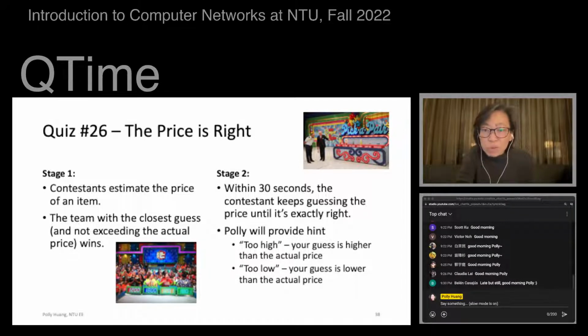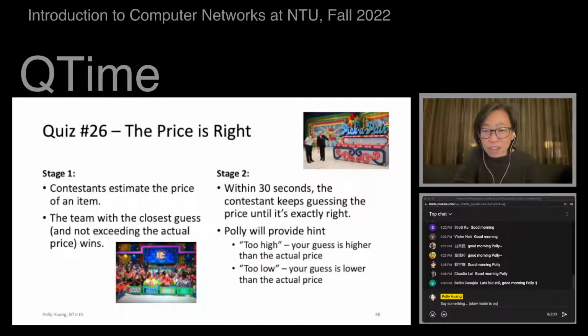So for stage 1, all of you will be participating. I think we have something like 16, 17 teams, but also some gaps in the team numbers. You joined Google Meet, but for stage 1, we will go to Slack space, and you will type up your estimation of the item that Polly showed.